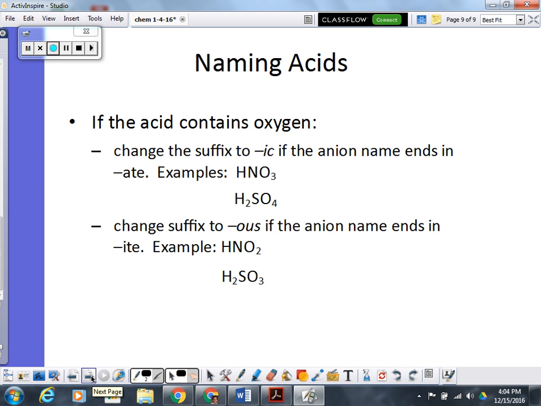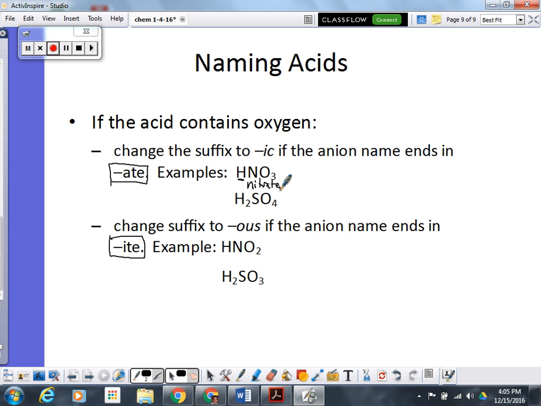So what happens if it does have oxygen? Then we don't put a prefix. We only put a suffix. And the suffix we put on it depends on whether the ending of the anion is ATE or ITE. So, for example, HNO3. This tells me it's an acid because there's an H. NO3 is nitrate.